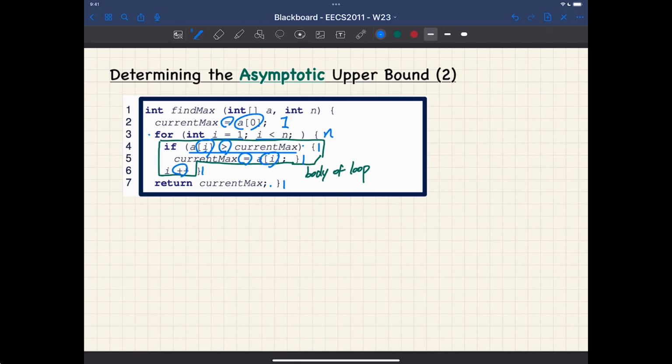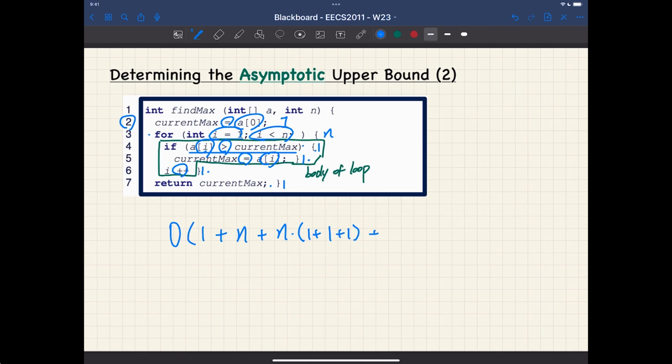Now, how do I combine them? Big O of line number 2 is 1, plus this header and this evaluation, which overall will just be n. Plus, how many times are we going to execute the body of the loop? Approximately n times. It's going to be n multiplied by the body of the loop, 1 plus 1 plus 1.